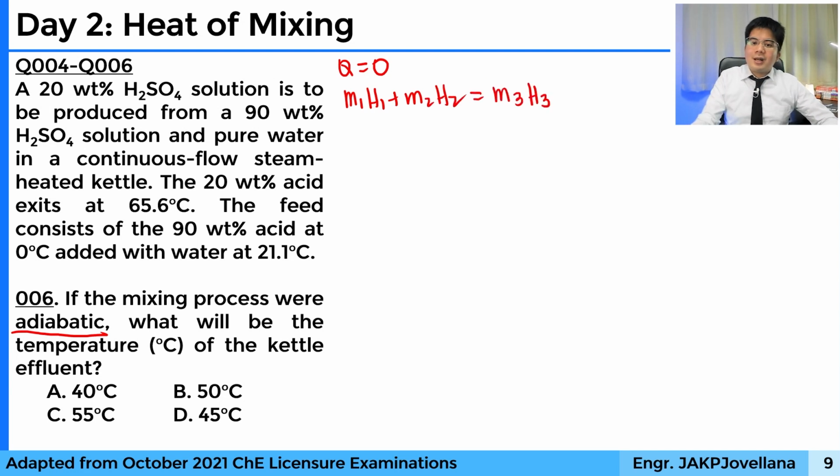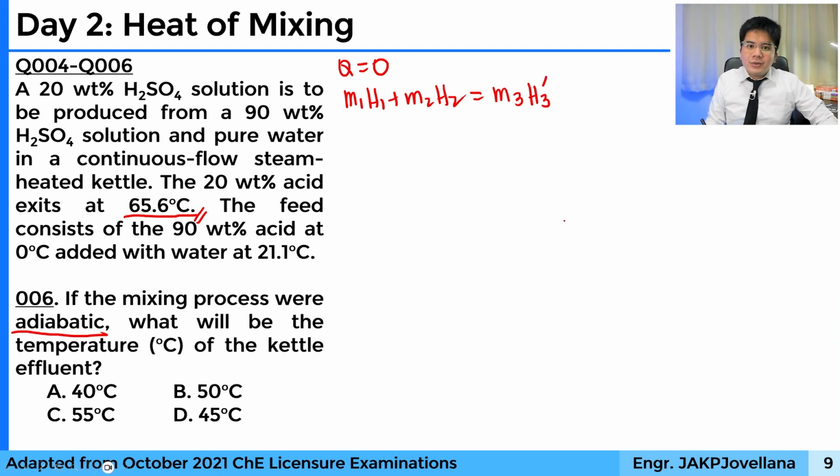Since the process becomes adiabatic, we can assume that the exiting temperature is slightly lower since there is no input of heat from the environment. And since the temperature of the exiting stream will change, therefore its enthalpy will also change. So let's denote its new enthalpy as H3 prime.